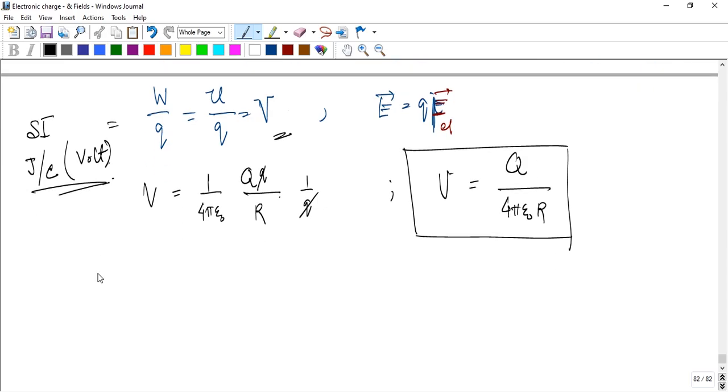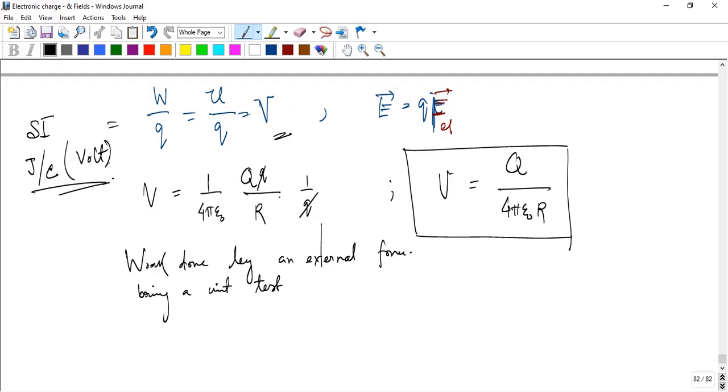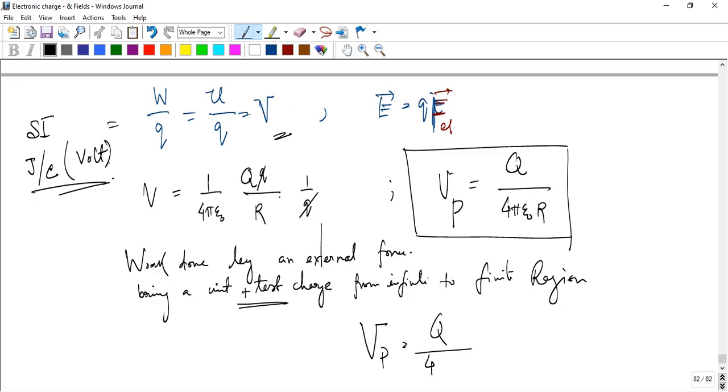So the work done by an external force in bringing a unit positive test charge from infinite to finite region is the electrostatic potential at point P. So that is Vp, equal to Q over 4 pi epsilon naught R volt.